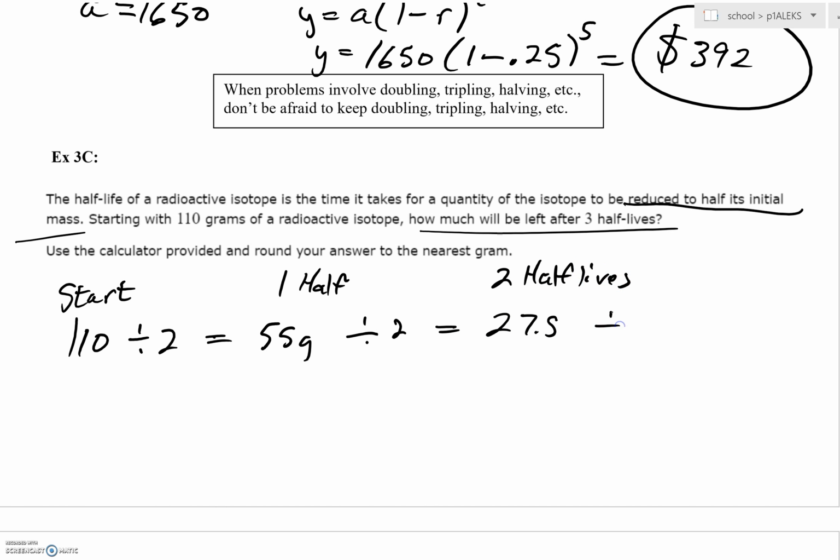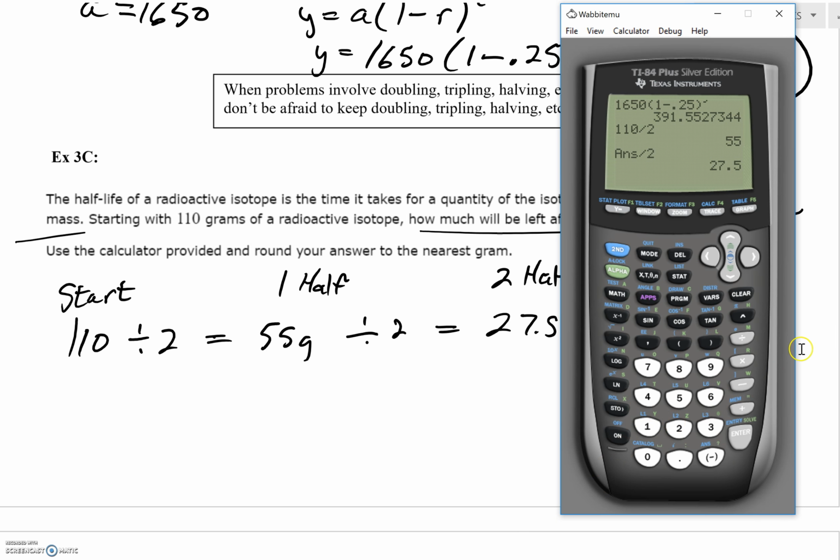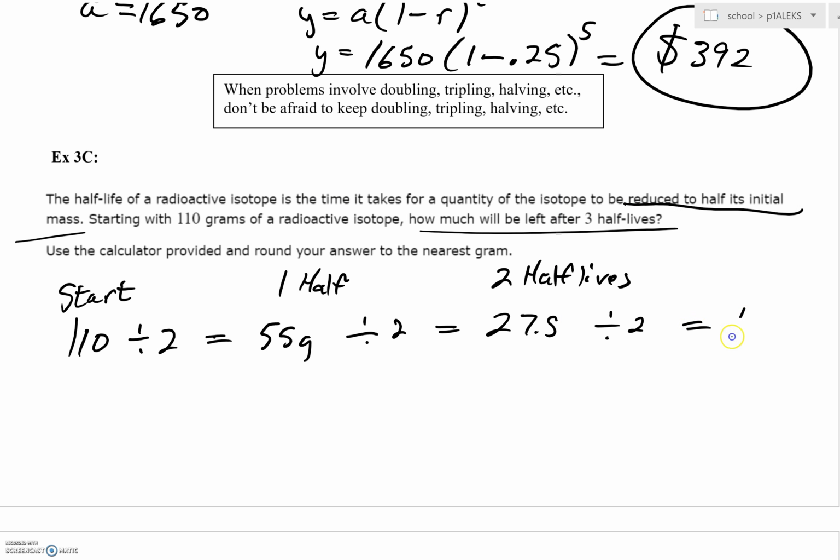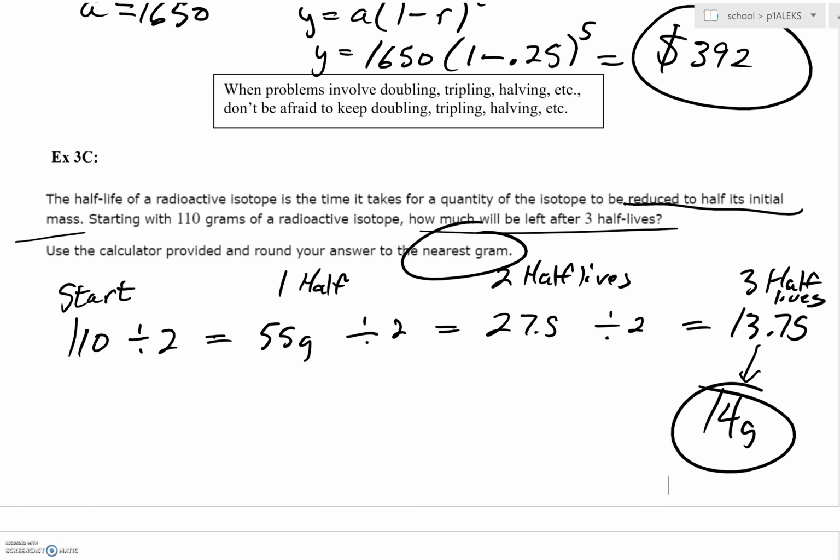But we need to go one more. We're going to divide by 2 one last time because we want to see what happens in 3 half-lives. We're down to 13.75. Now they want us to answer to the nearest gram. 13.75 would round to 14 grams. And we're done.